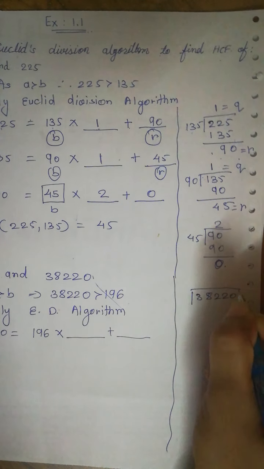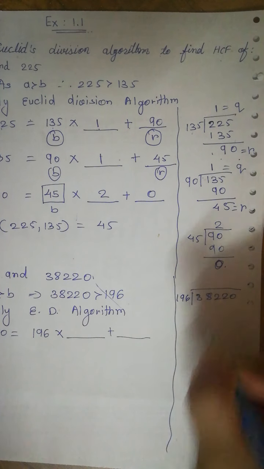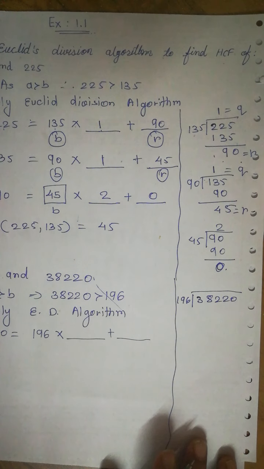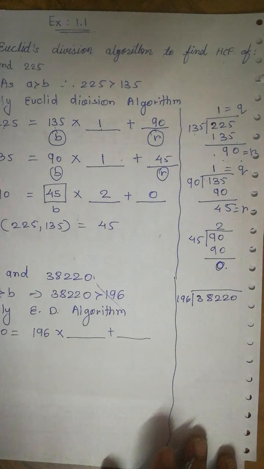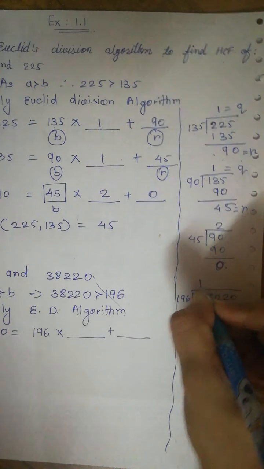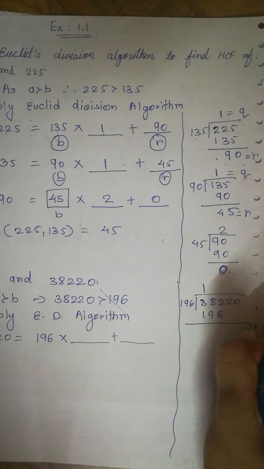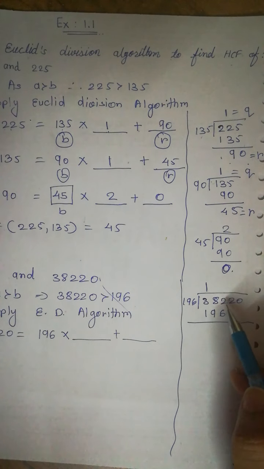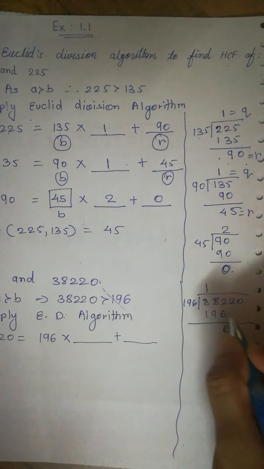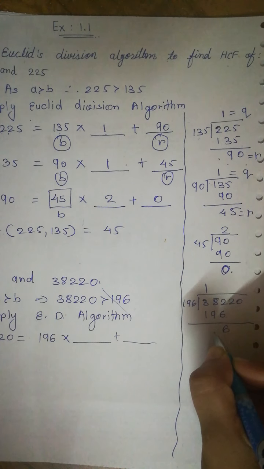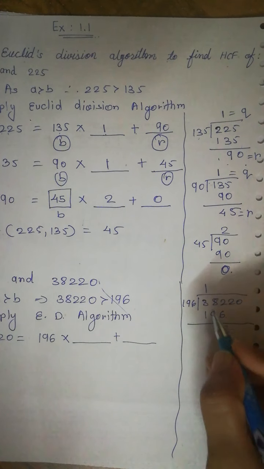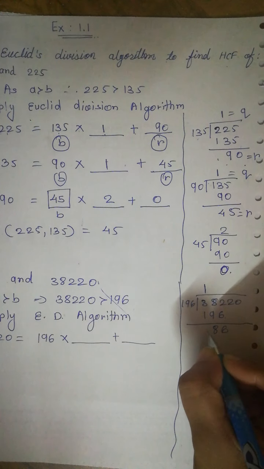38220 divided by 196. 196 ones are 196, 196 ones are 196 only. So what we have? 12 minus 6 is 6, 17 minus 9 is 8, and 2 minus 1 is 1.